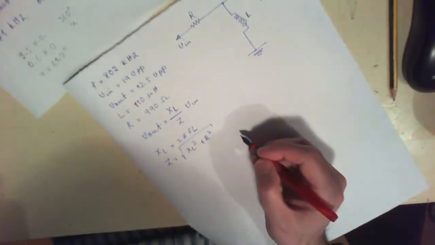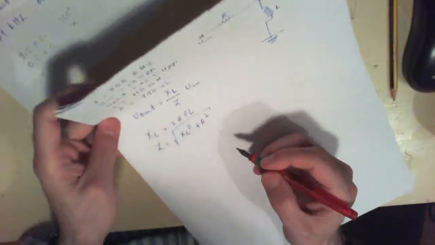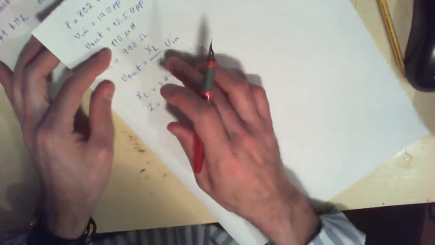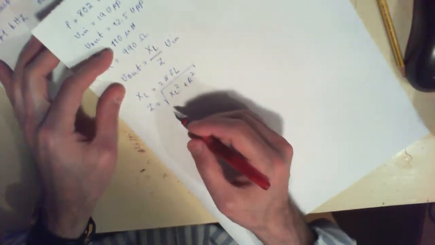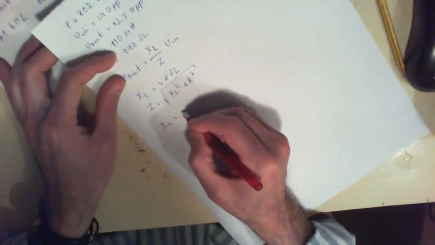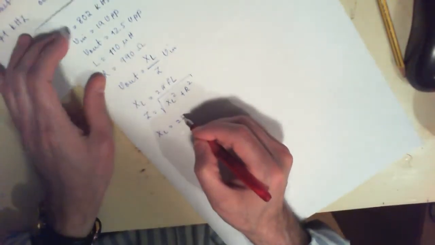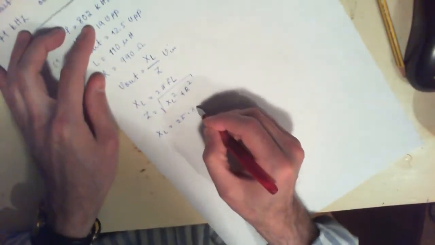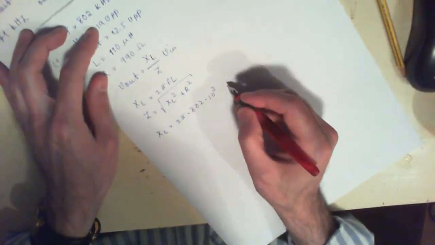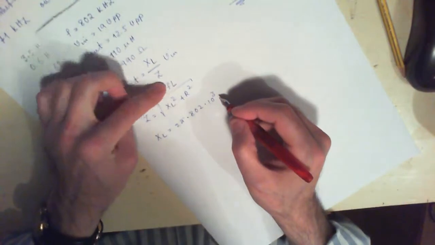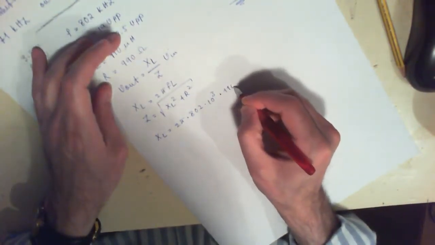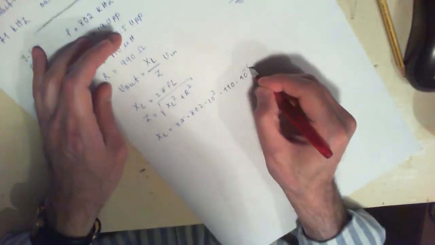So we can calculate X of L first, and then get to Z, and then put everything in this formula here. X of L is equal to 2 pi times the frequency, 802 times 10 raised to power 3 hertz, times L, which is 110 microhenry, so 110 times 10 raised to power negative 6 henry.